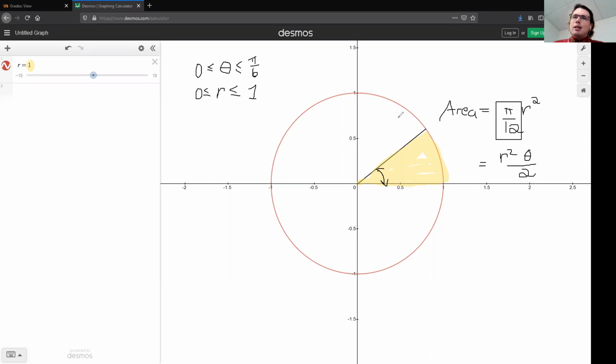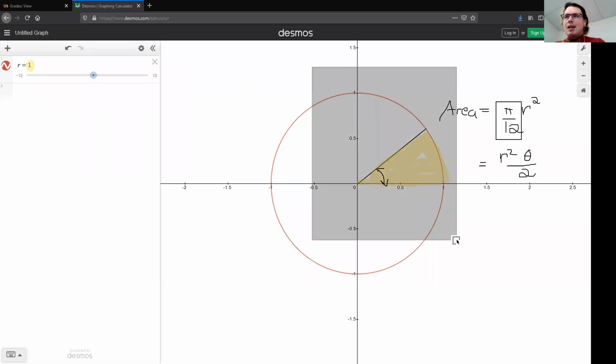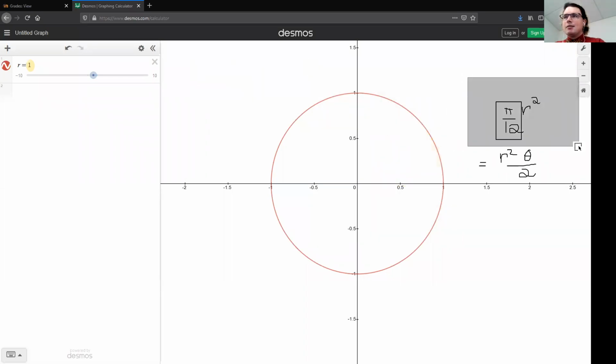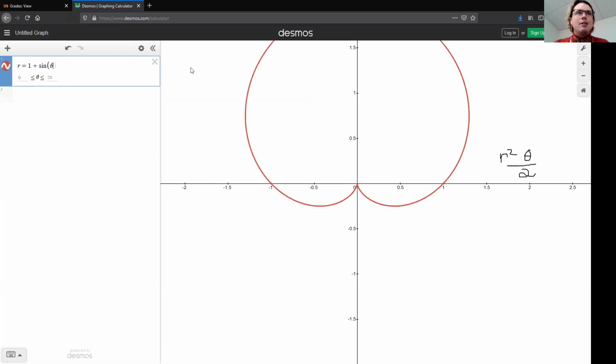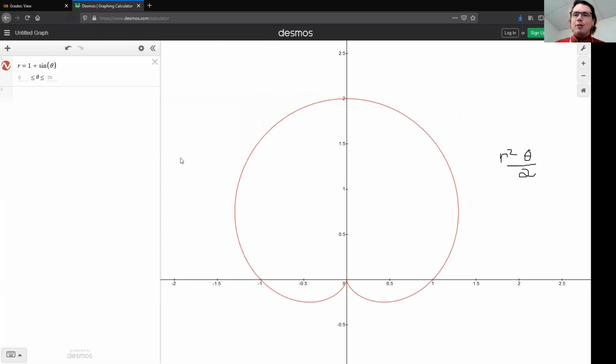Now, for more complicated functions, let's say r is not equal to 1. Let's have a more complicated function here. Let's say this is 1 plus sine of theta. I get a different looking curve.